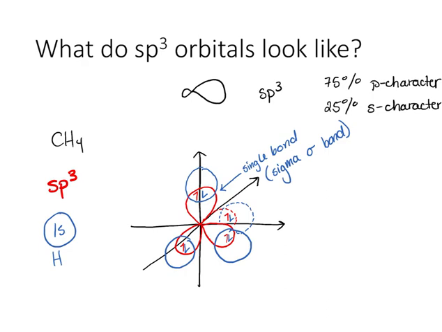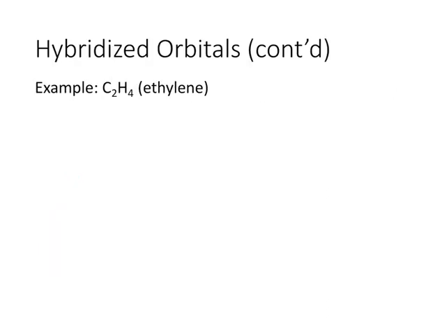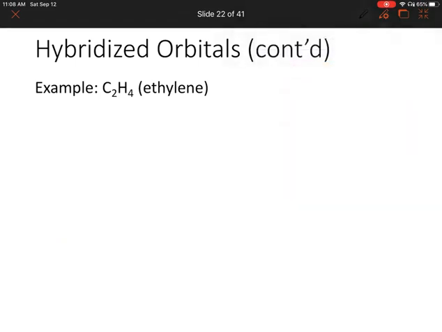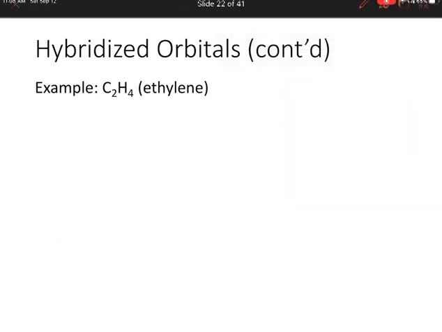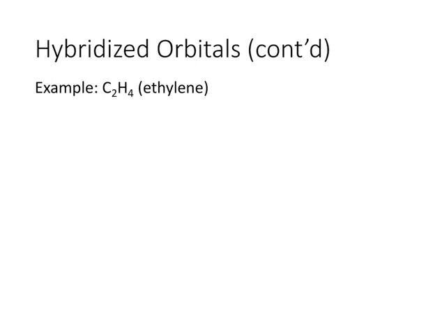And we use the Greek letter sigma for that. Okay, now what about molecules that have a double bond? How does that work? So let's look at another molecule, ethylene. So ethylene has 2 carbons and 4 hydrogens. So let's actually start by drawing the Lewis structure just to see what types of bonds we're expecting. So we do have 2 carbons, so those will probably go in the middle.